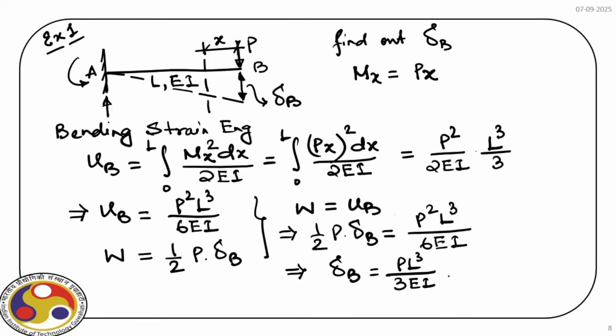Right. So you see how we can use the bending strain energy to solve the problem, right? Let us take a different problem. Our example 2 is a simply supported beam and the beam is having a UDL of omega.